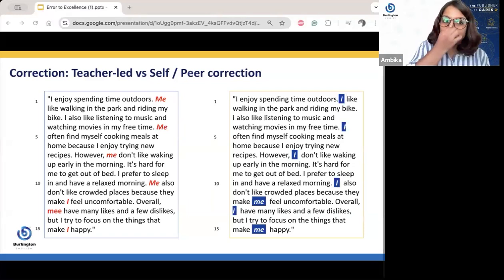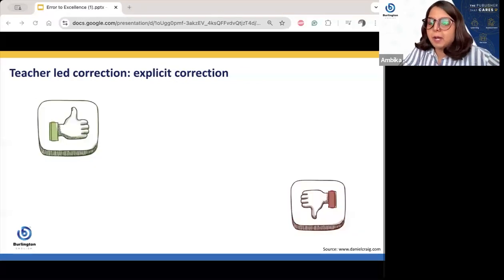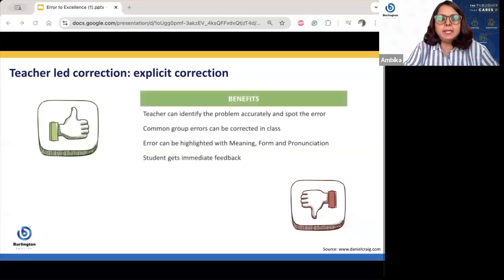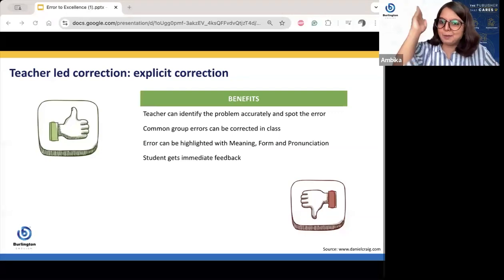Okay. So, in such a case, let's look at how we are addressing the corrections, which the first part, which you all have already mentioned regarding the teacher led correction or explicitly correcting. Definitely, that has benefits because it comes as a problem solving instinct. The first thing is you see a problem, you solve it.